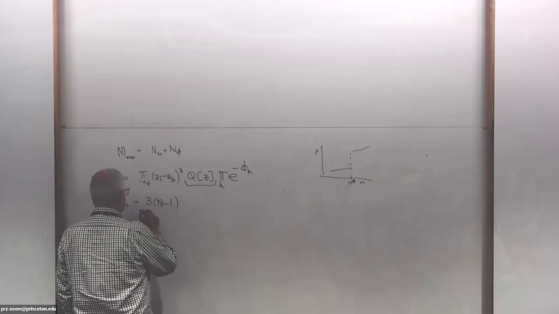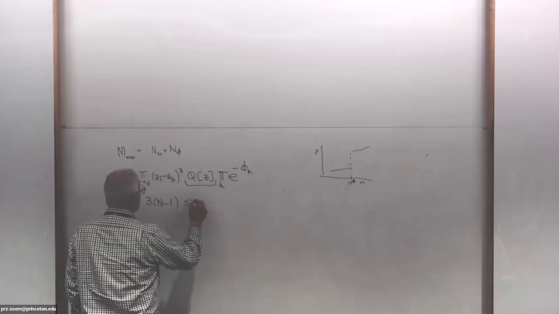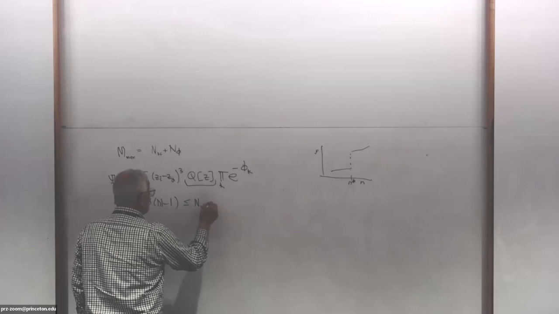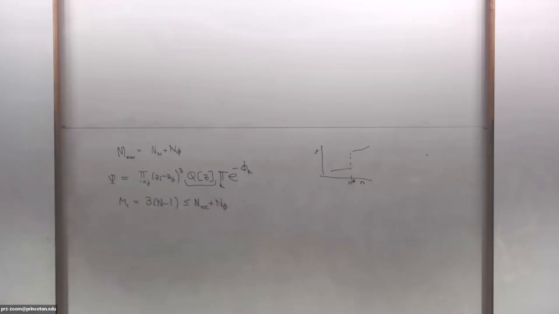So that's the maximum of n, and it has to be less than or equal to the number of unit cells plus, if there's a magnetic field, the number of flux quanta from the external field.